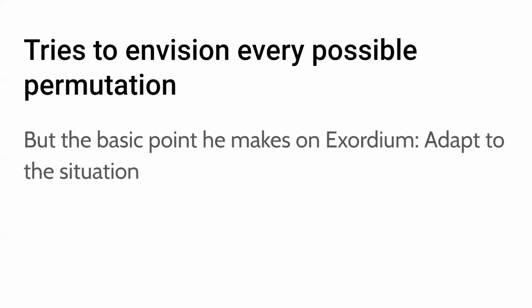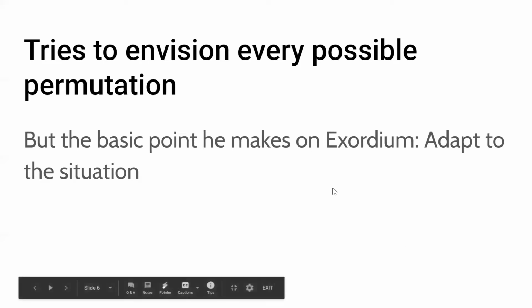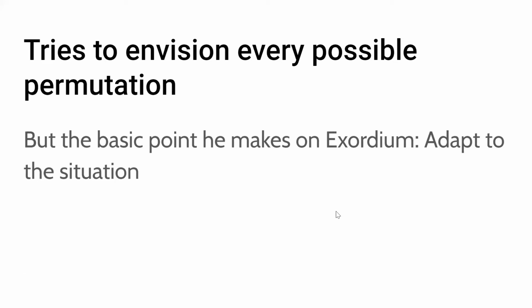And what I had suggested in the last video was that sometimes you just skip over when he goes into all these details here, and you just try to focus on the main points that he's trying to make. The basic point he's making on exordium is you adapt to the situation. And the particular situation that he's interested in is the auditor's attitude on the topic.